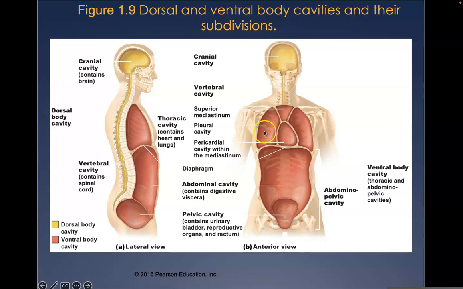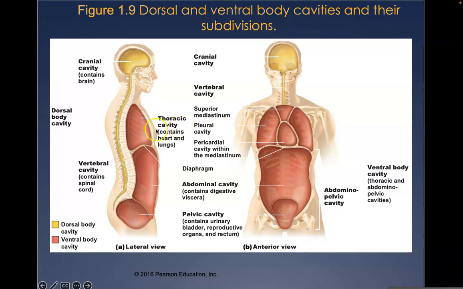Now we're going to talk about cavities within these in just a minute, but I don't want to get into these just yet because it makes this look like the pleural cavity is just the lungs themselves. This is a little bit different because this is actually a cavity within a double membrane lining of the lungs. So I think that this diagram here is a little bit confusing, and students get a little bit confused.